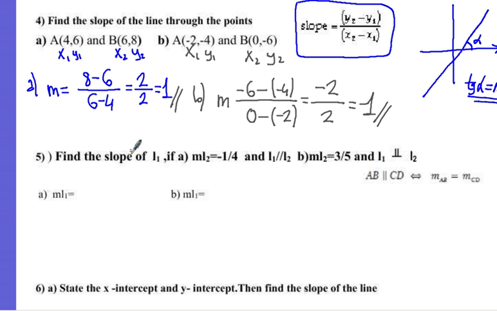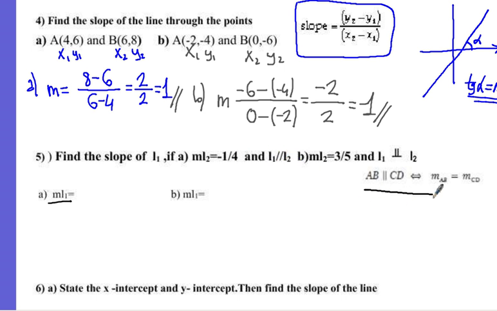What about the fifth question? Find the slope of L1, so line 1, the first line, it is mL1, slope of first line. There are two sub-questions. A: the slope of second line is negative 1 over 4 and L1 is parallel to L2.